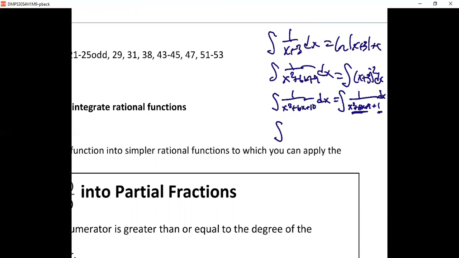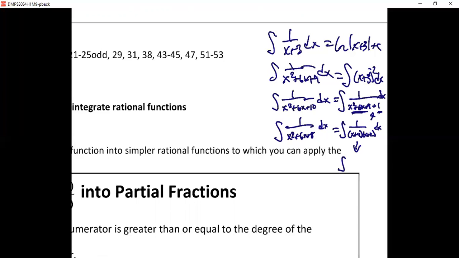Now we're going to deal with what happens if we have 1 over x squared plus 6x plus 8. So if we tried to do this as an arctangent, that plus would now become a minus 1, not the happiest thing. So what we would do with this is we would factor this into x plus 4 and x plus 2. By factoring into x plus 4 and x plus 2, what we want to do is the reverse of simplifying that we preach so much in pre-calculus and algebra 2.